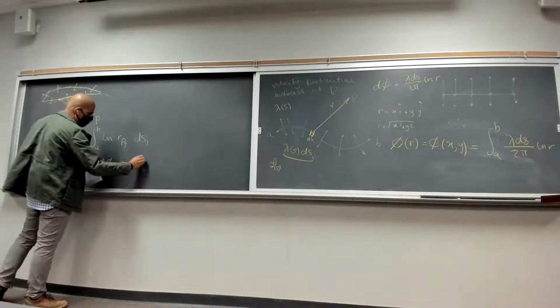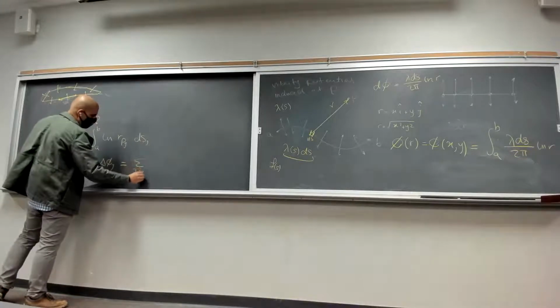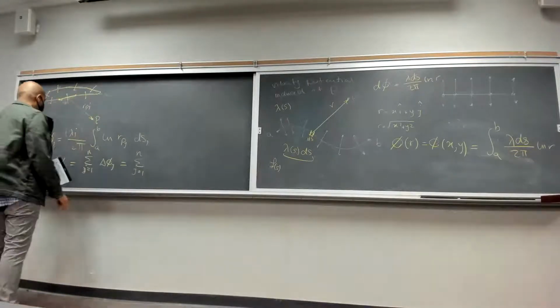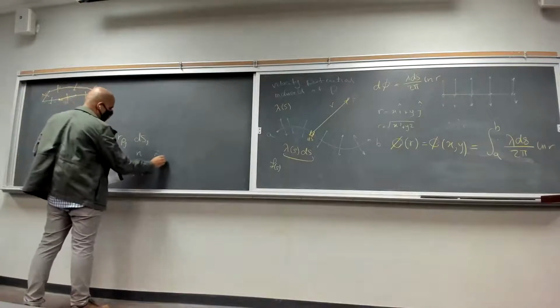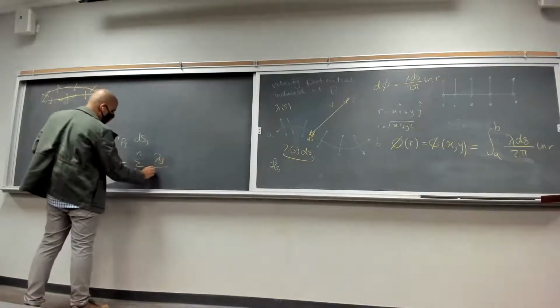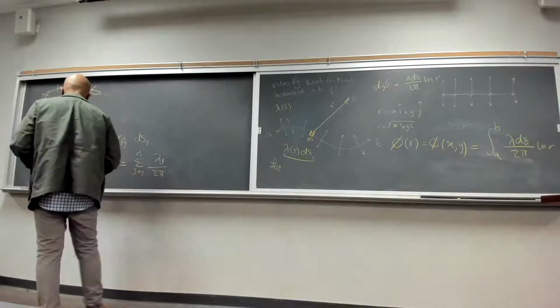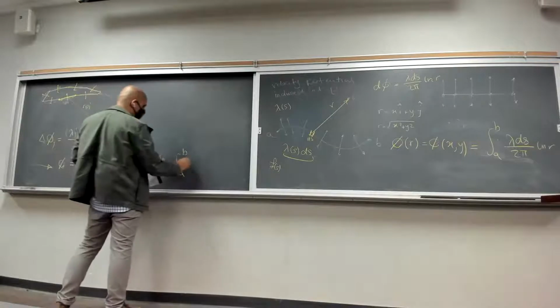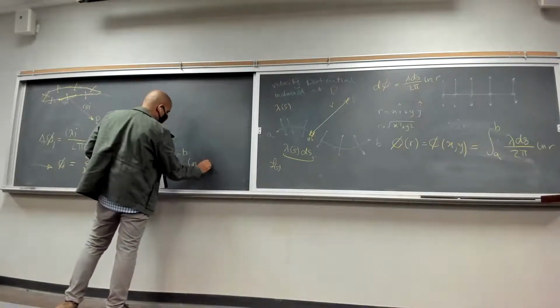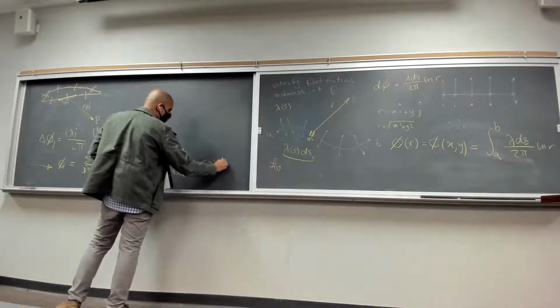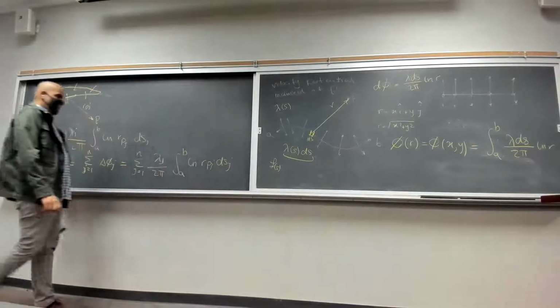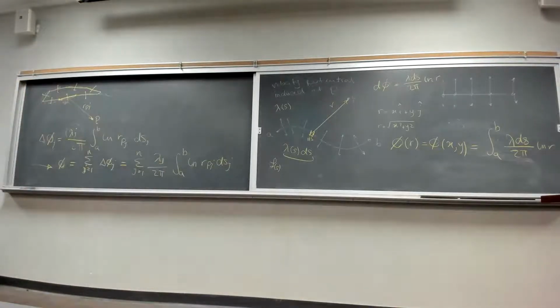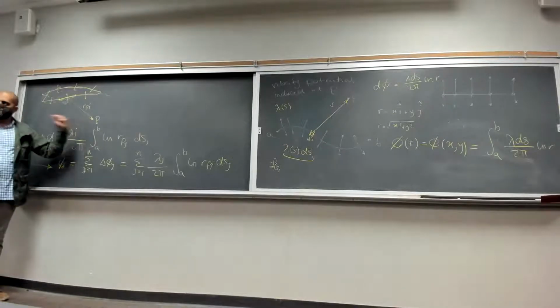This is equal to the sum from j equals 1 to n of lambda j over 2 pi, integral from A to B of natural log of r Pj ds j. So that is the velocity induced by these panels on point P.